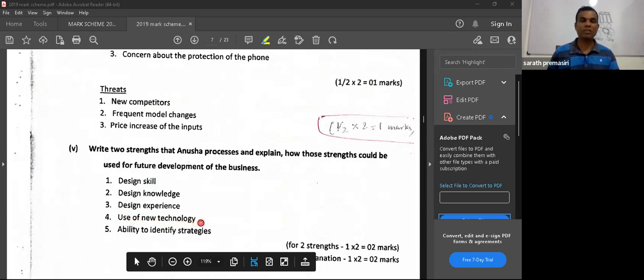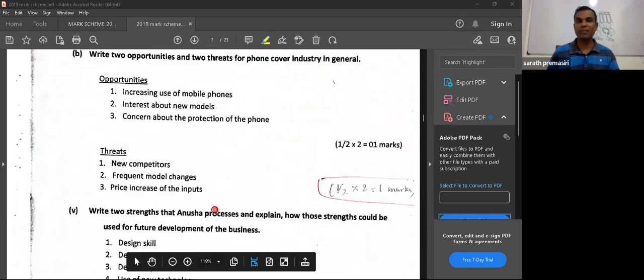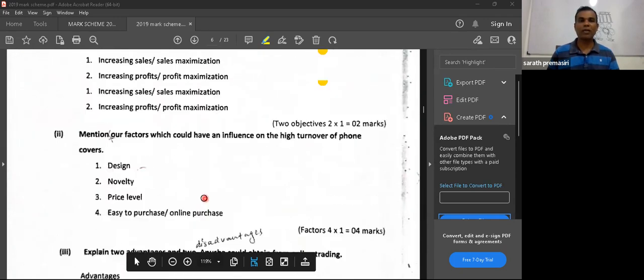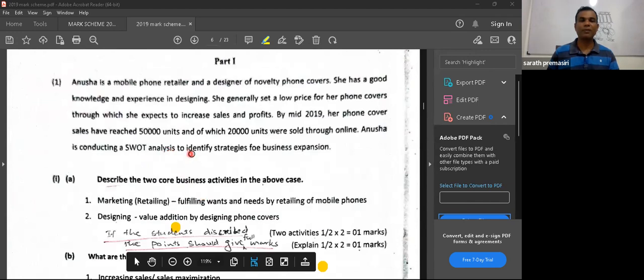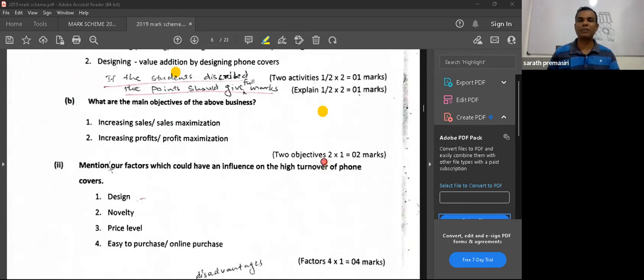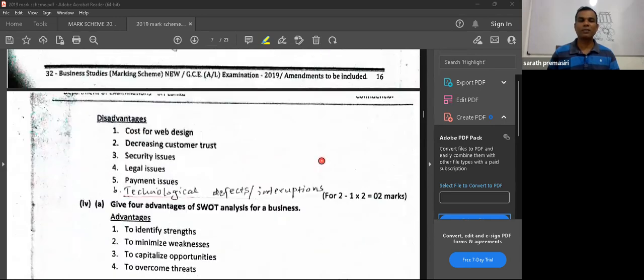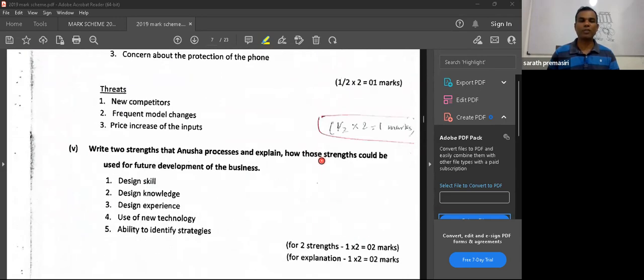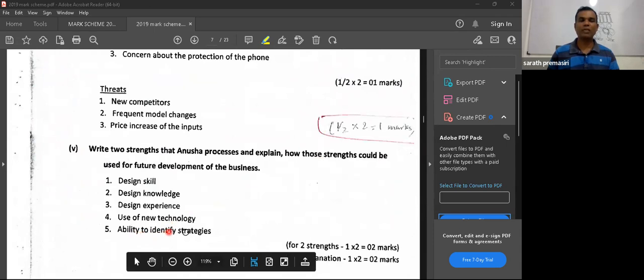It is a strength. She is using new technology. She tries to identify strategies for business expansion. Now these are the strengths of Anusha in doing the business. Ability to identify strategies. Please write them out.